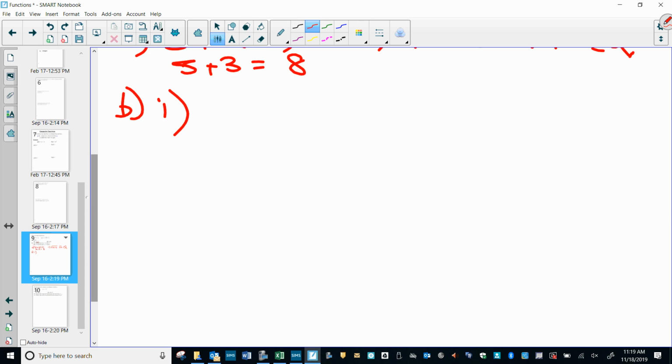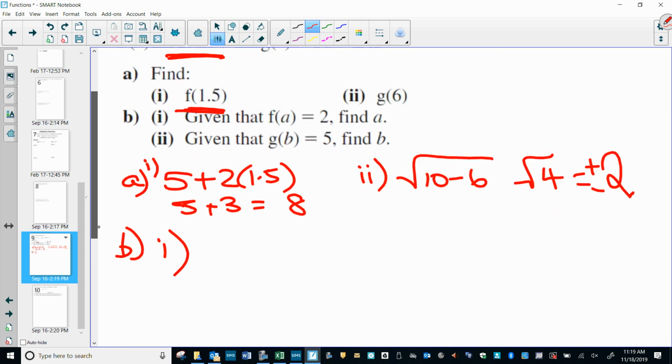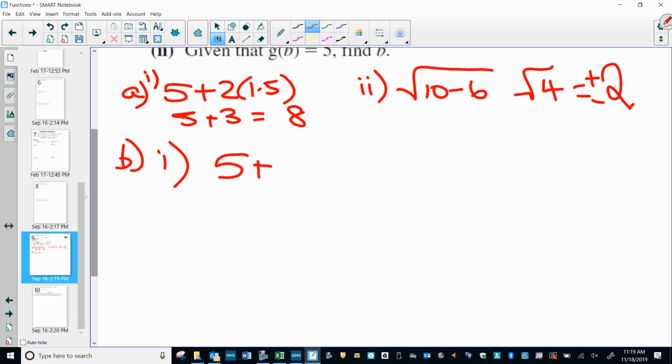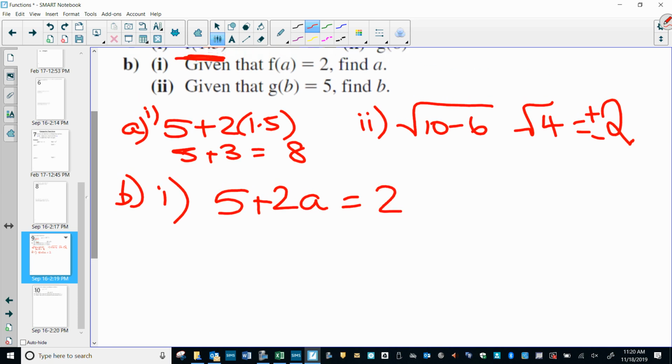So we're looking at this here. We would say 5 plus 2a. Now I'm being specific here because they did talk about a's in the question. 5 plus 2a equals, what is that? 2. You'll see the difference in the way the question's worded.